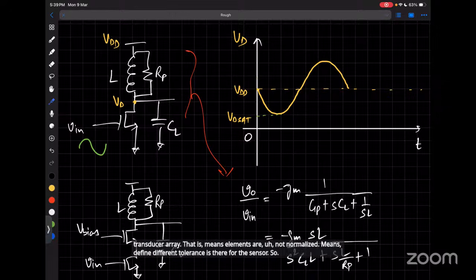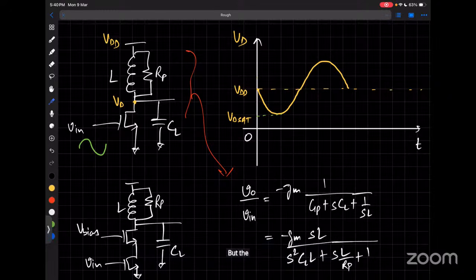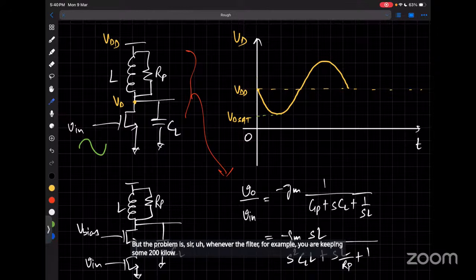So in the receiver chain, first is an LNA, then a filter, then a second stage gain that we keep for normalization of all the elements. But the problem, sir, is that the filter has, for example, a center around 200 kilohertz and some 10 to 20 kilohertz bandwidth, but the second stage that we keep has a flat band.